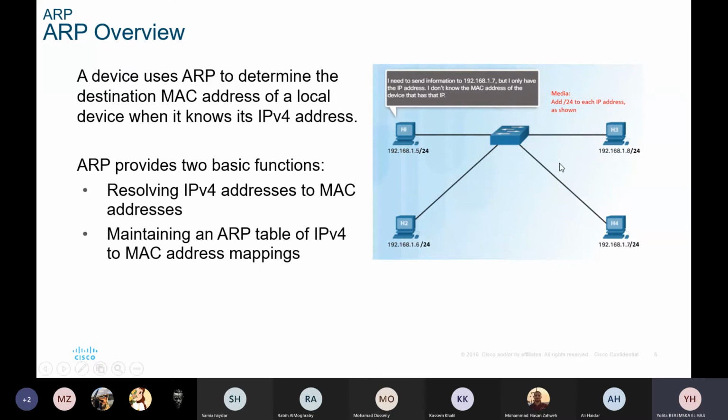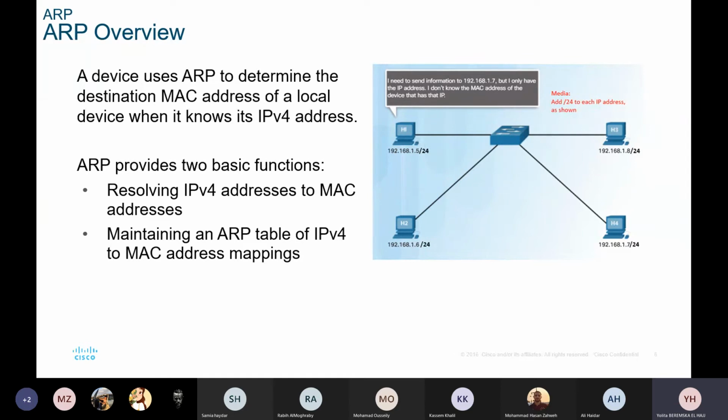So here we have this situation. This computer, H1, wants to send some message to a computer H4, which is on the same local area network, but it doesn't know the MAC address of this device.